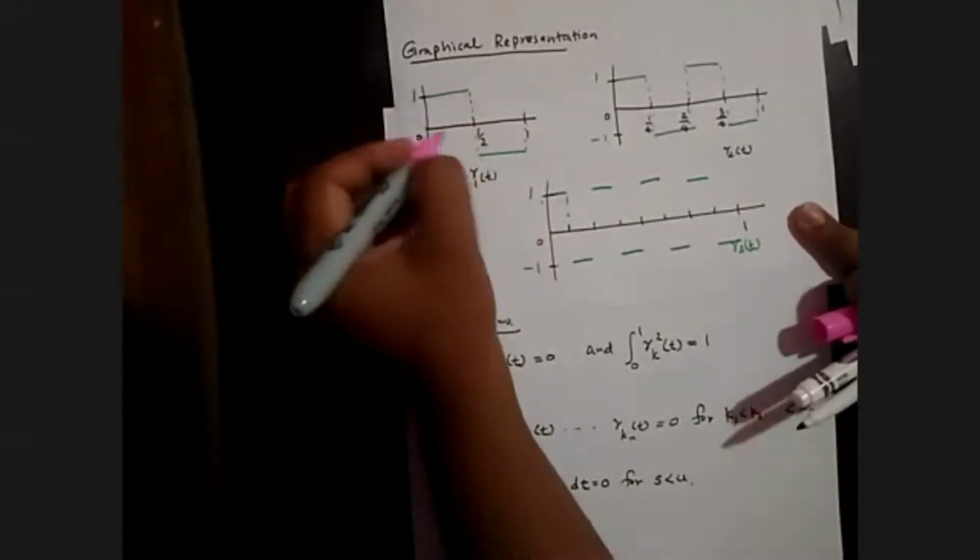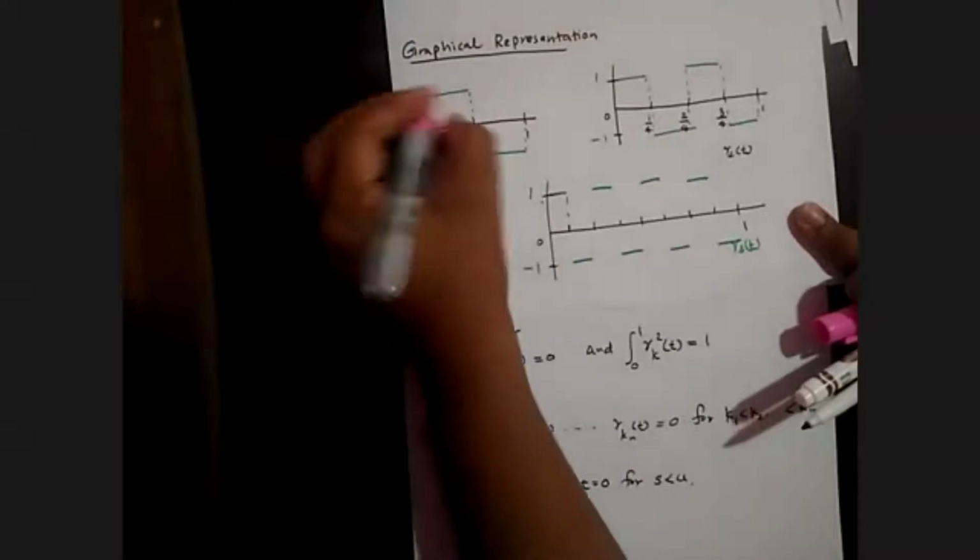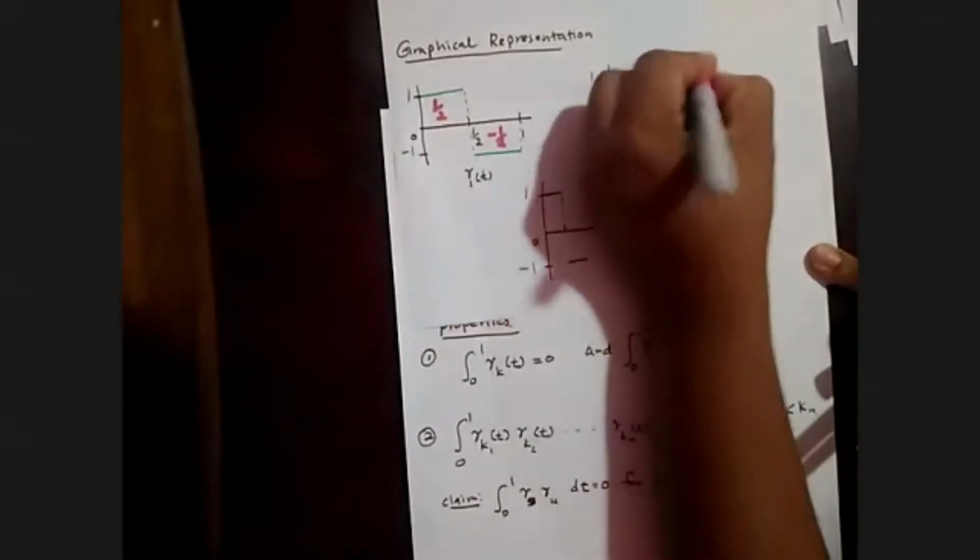During 0 to 1/2, the measure will be 1/2. During 1/2 to 1, the measure will be negative 1/2. What do we see? Those cancel, so the integral value is 0. Similarly, here we get 1/4, negative 1/4, positive 1/4, negative 1/4. Again, these cancel, so we get 0.